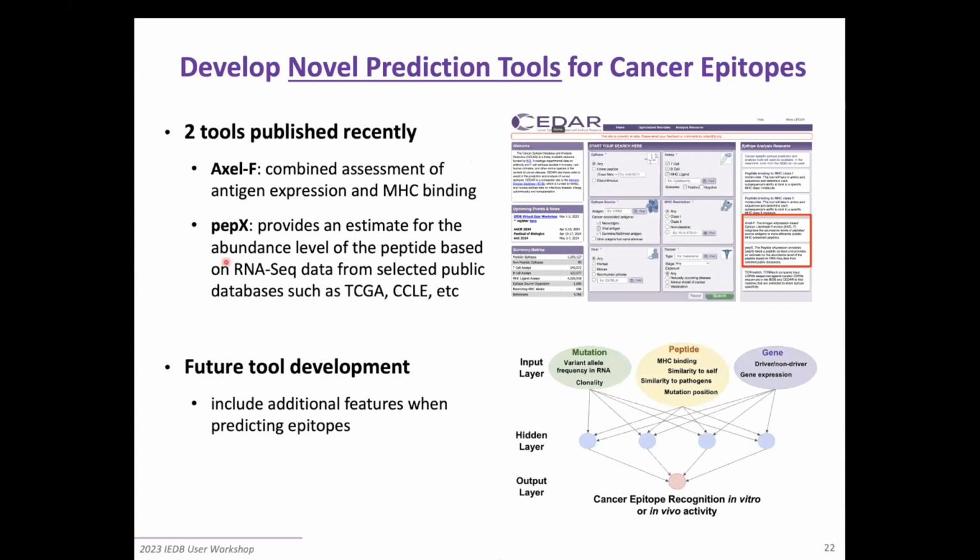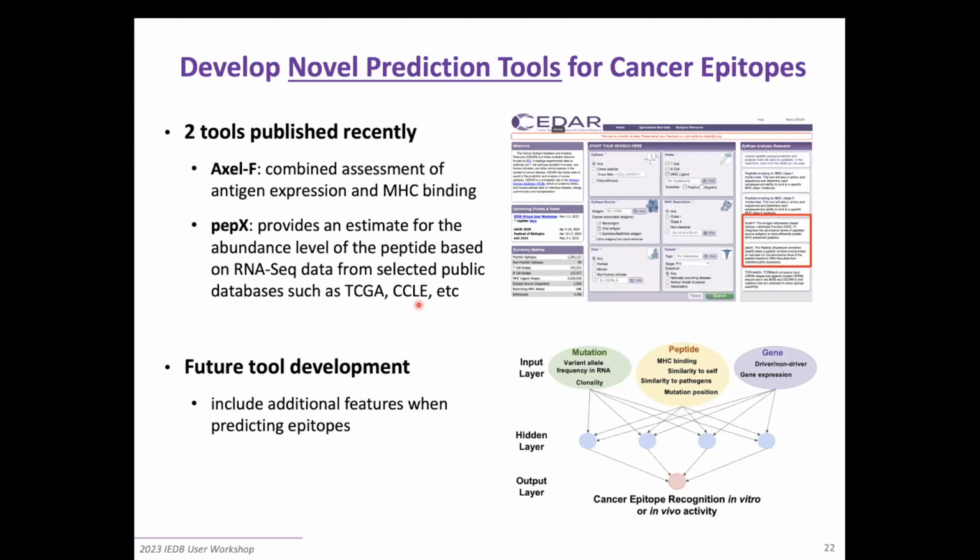Related to that, we also published the tool PepX, which allows the user to input a peptide sequence, and PepX then will find the source protein for that peptide, and then provide expression levels, which can be retrieved from RNA-seq data from public databases, such as the Cancer Genome Atlas, TCGA, or the Cancer Cell Line Encyclopedia, CCLE.